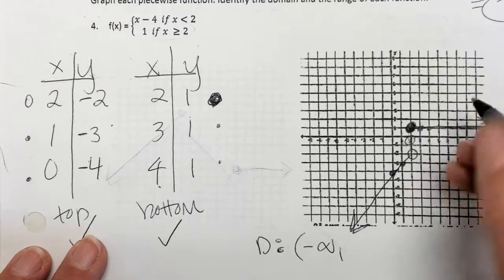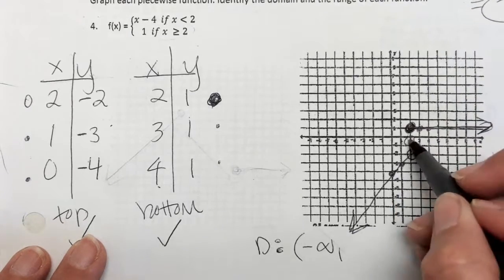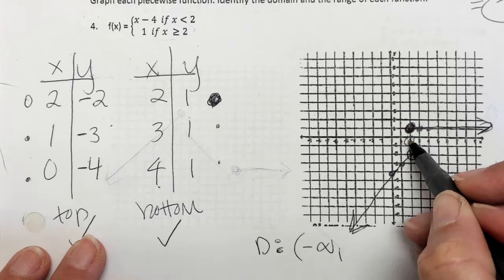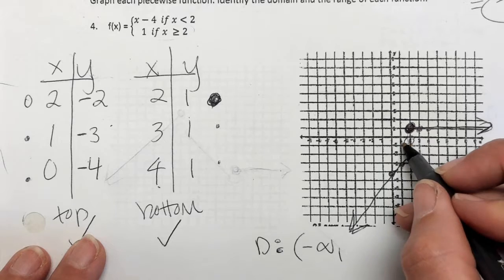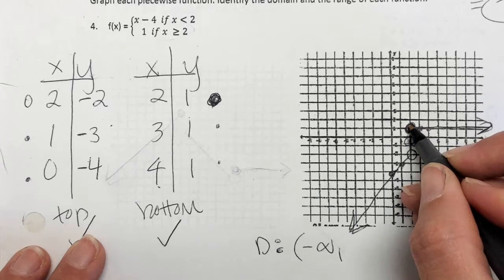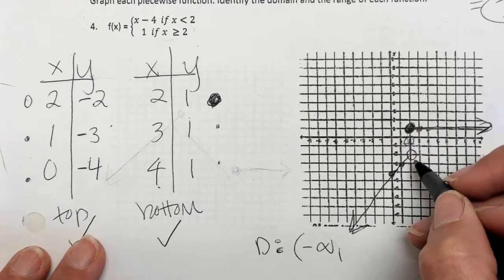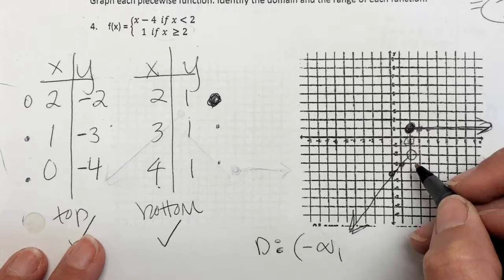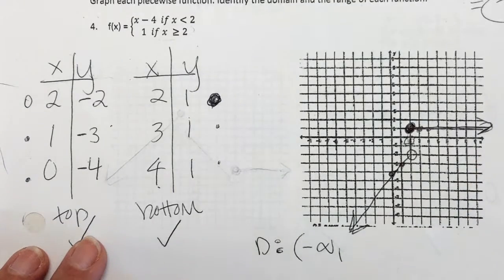At x equals 2, what's the y value? No, there's a hole there. It's 1. Where this hole is. So at x equals 2, the y value is 1. Everybody see that? It couldn't be negative 2. There's a hole there. It's not defined there. Does that make sense? Okay. But that's kind of irrelevant to the domain. So anyways, it goes left forever.